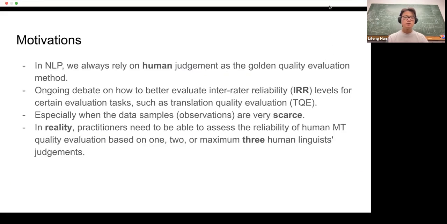Firstly, let's see the motivation of our work. In the NLP field, we always rely on human judgment as the golden quality evaluation method. There are ongoing debates on how to better evaluate inter-rater reliability (IRR) levels for certain evaluation tasks, such as translation quality evaluation, TQE, especially when the data samples, or what we call observations, are very scarce.